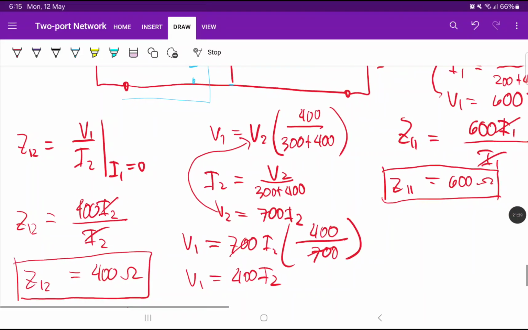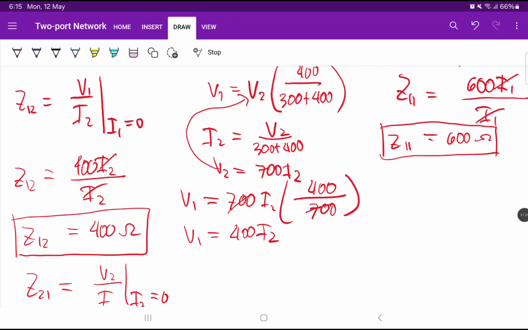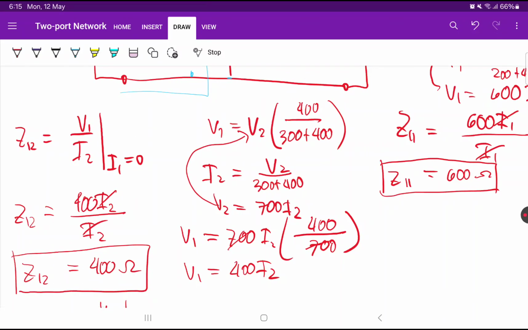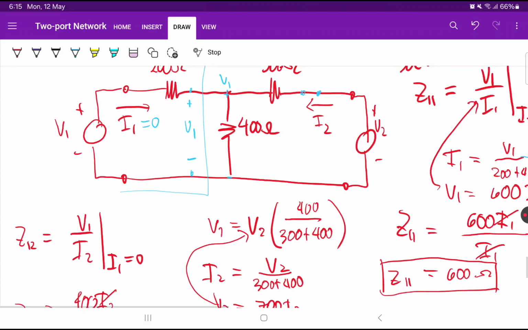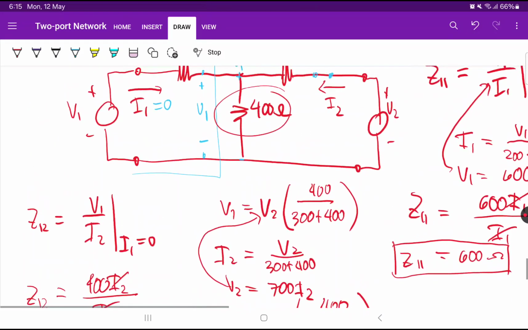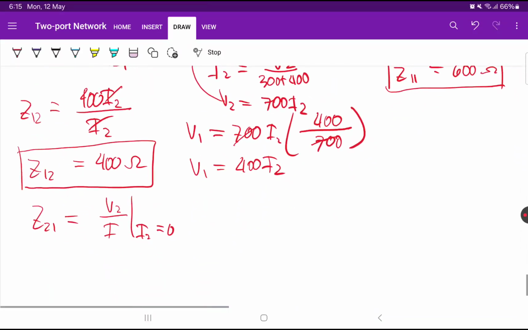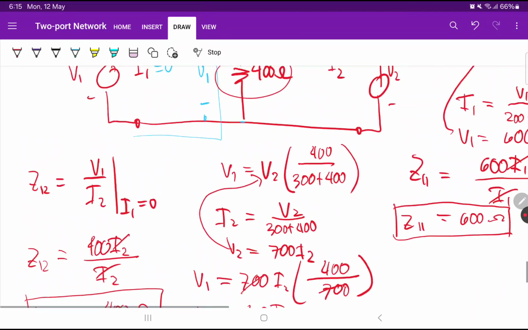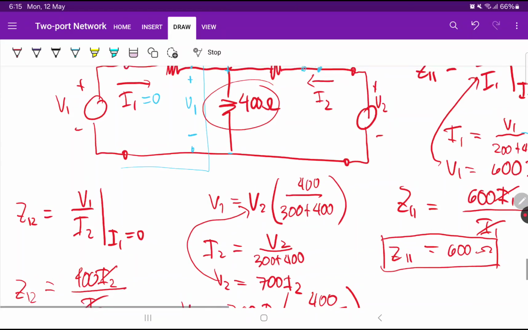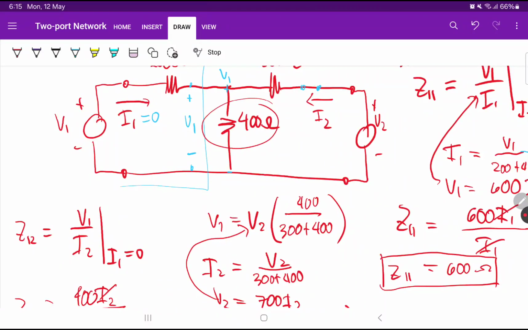But this time I will not be using the voltage divider because it's a long way to use that one. We can just directly solve the voltage across the 400 ohms, because I2 here will become 0.